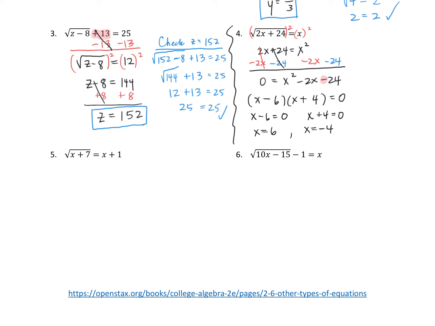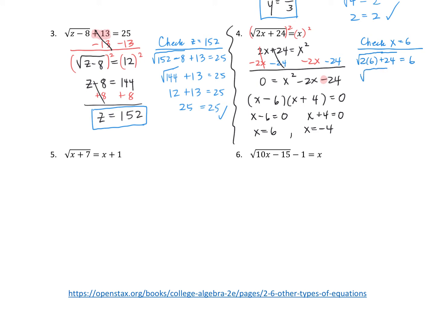So this time we have two possible solutions. And remember, we have to check both of them. So let's check the first one we got, x is 6. Let's check that first. So we have the square root of 2 times 6 plus 24, and we want to know if we end up with 6. So I'm plugging in 6 in both of the x positions, and then I'm going to simplify.